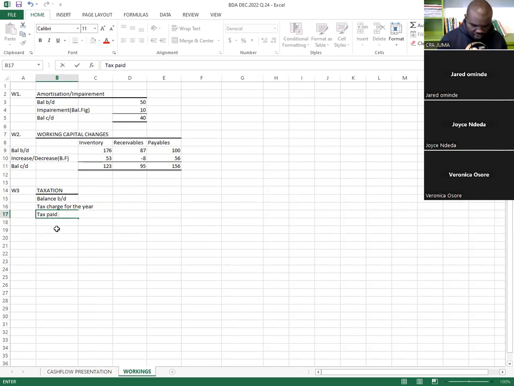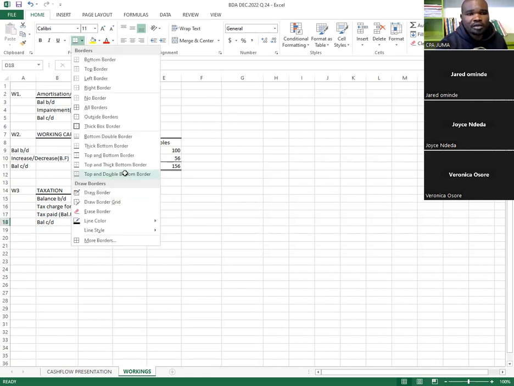Tax paid is going to be your balancing figure. And that is how we do taxation and interest, actually. Taxation and interest follows that format. So balance carried down. You'll have the balance carried down.